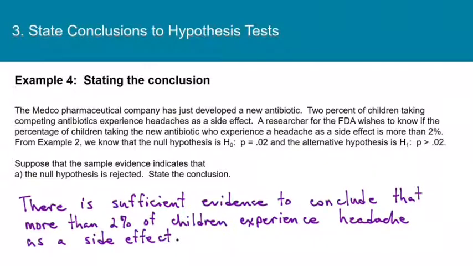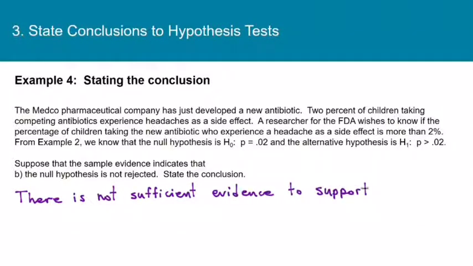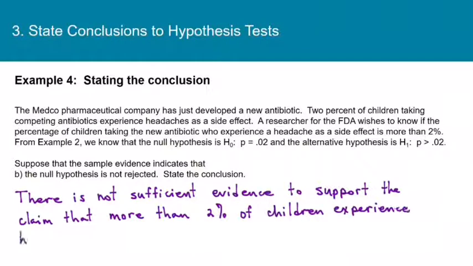On the other hand, let's look at part B. Suppose that the null is not rejected. Okay, so if the null is not rejected, that means that we still believe the null is true, or at least we don't have any reason to believe it's not true. So this time we are going to say there is not sufficient evidence to support the claim that more than 2% of children experience headache as a side effect.